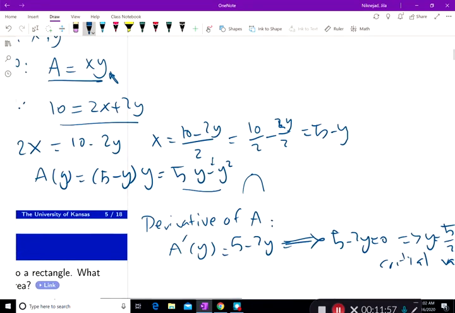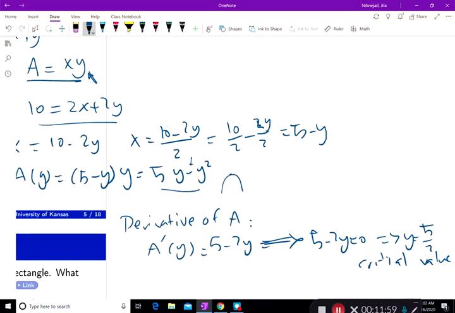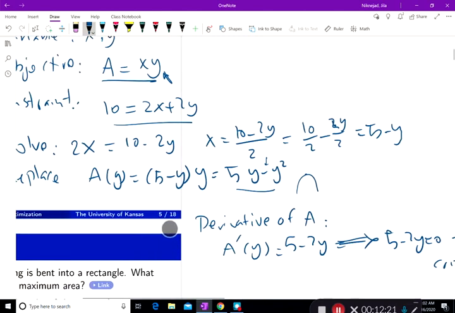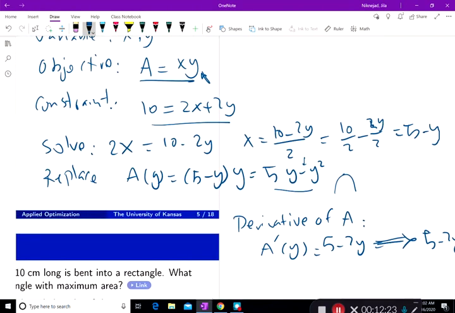Or critical number. And so at this point that I have a critical number, I have to decide between the closed interval method, first derivative test, or second derivative test. Let's remember, what is the domain of this function? Let's go back to A of y. Y cannot be more than half of the length of the wire.